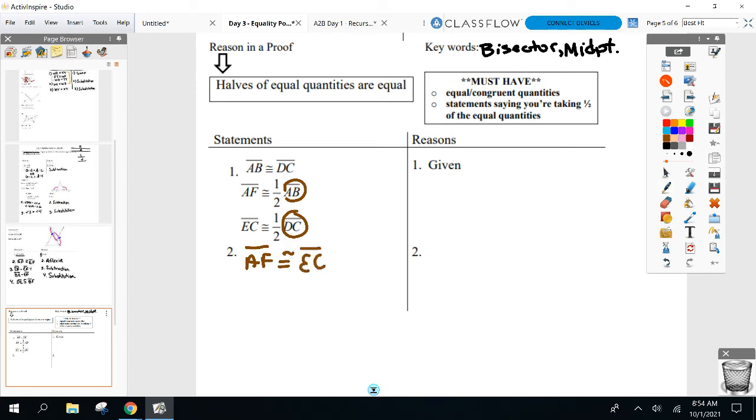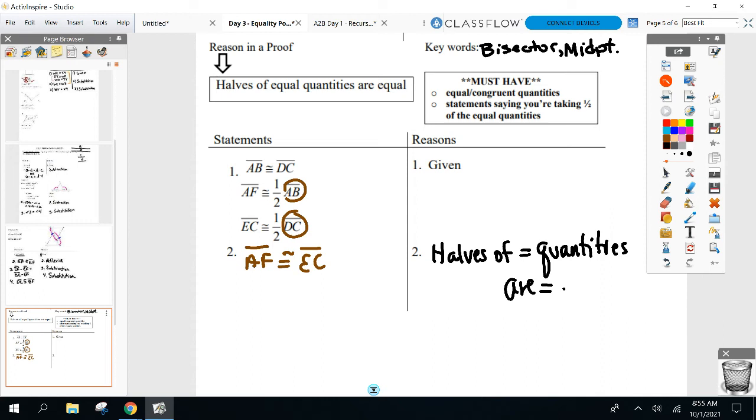You're taking half of AB and DC, which are already equal. So their halves, AF and EC, must be equal. And that's our new theorem. Halves of equal quantities are equal. But again, there's certain things you need in the proof before you're allowed to say that.